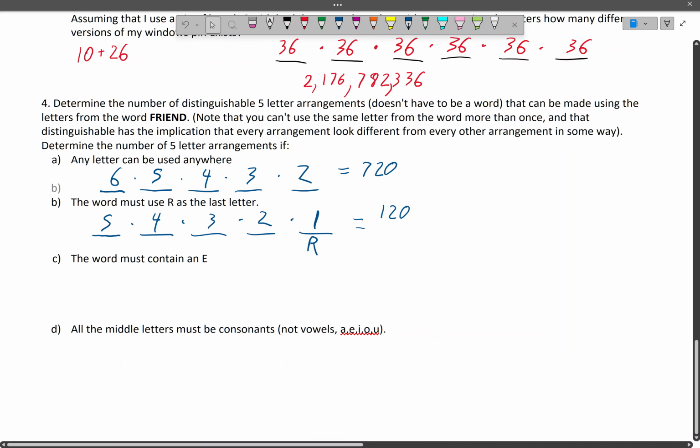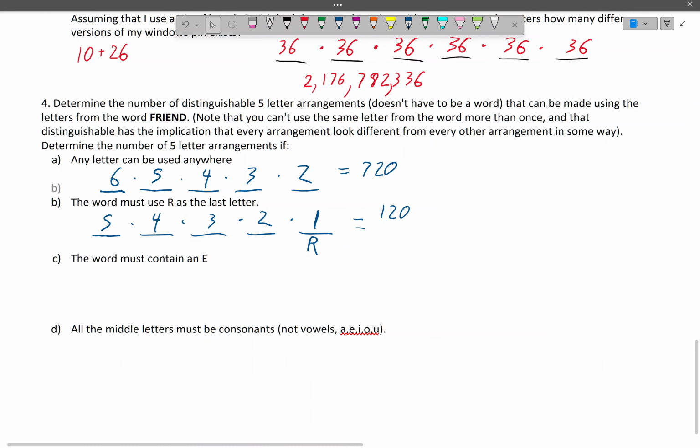Part C is a little bit more difficult. The word must contain an E. So what we're saying here is that there must be an E somewhere in the arrangement. How do we decide that?